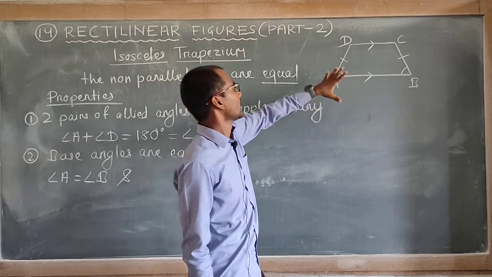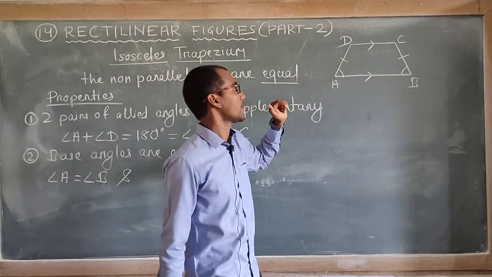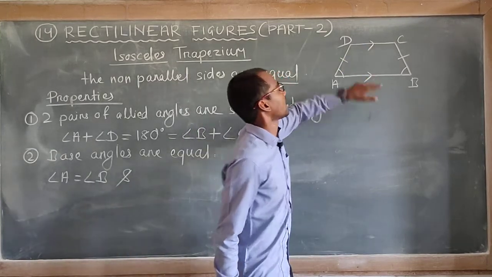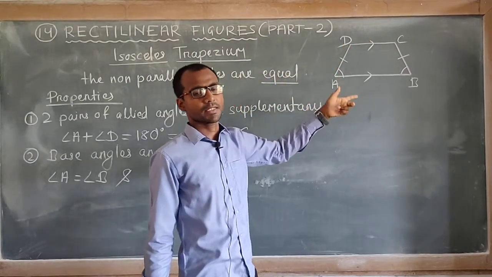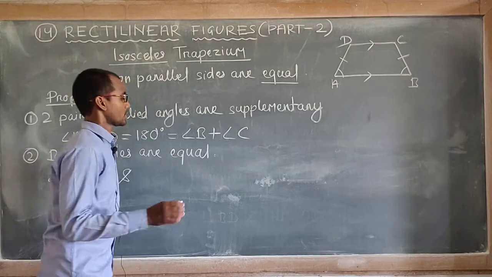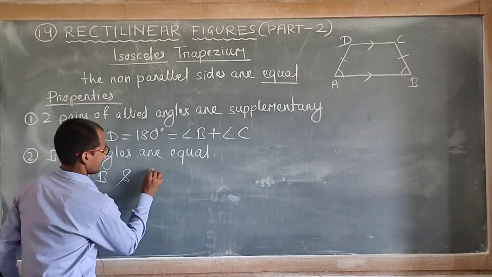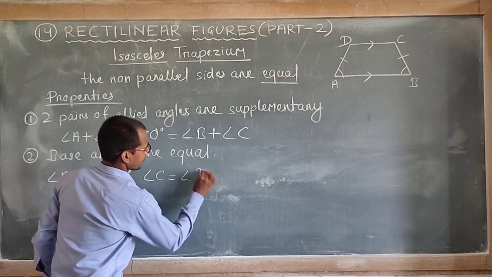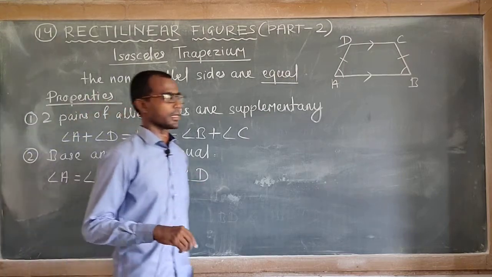Okay, imagine that you rotate this trapezium in such a way that DC will be here and AB will be here. In that case, D and C will be base angles. So they will also be equal. Okay. So angle D is equal to angle C, or angle C is equal to angle D. So base angles are equal.